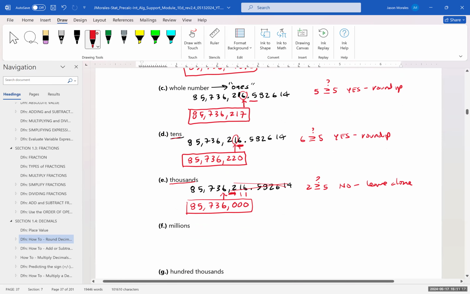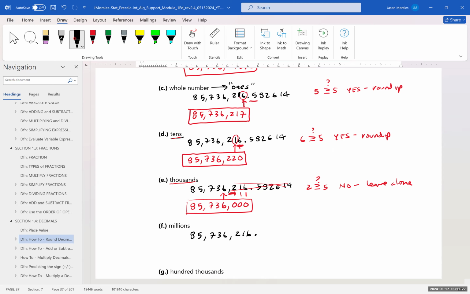All right. Millions. We're going to round this number to the millions place. 85,736,216 and 582,614 millionths. And then we want the millions spot. So, this is going to be the whole part, the part to the left of the decimal point.